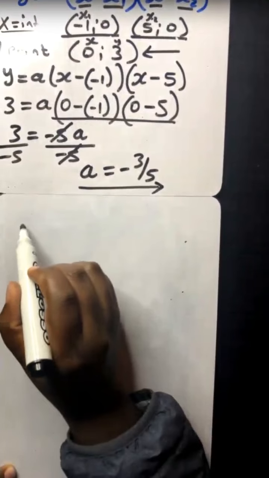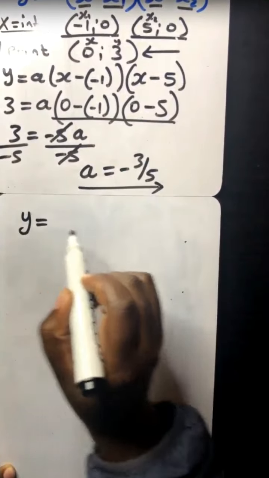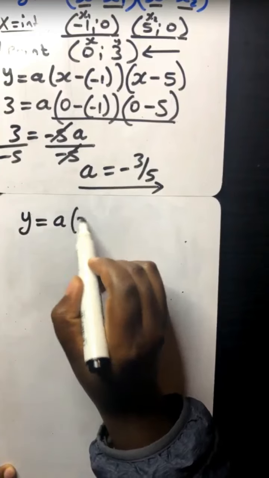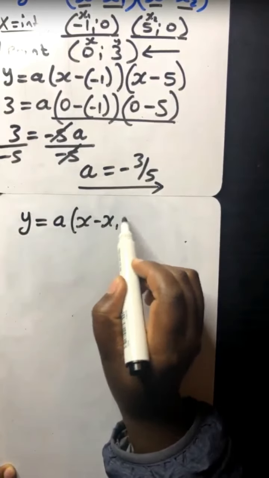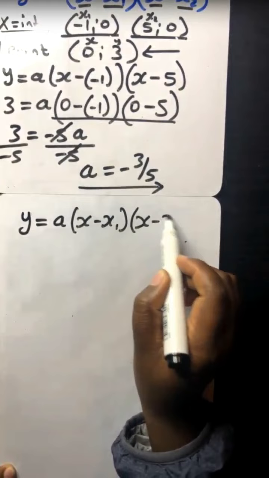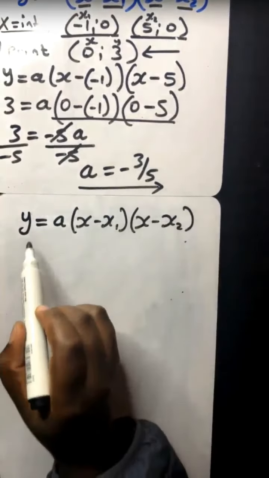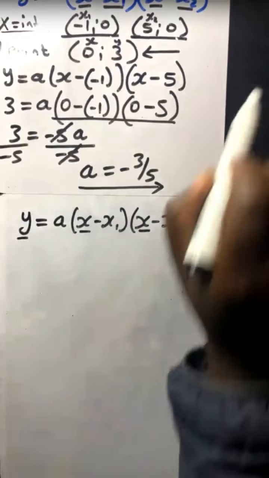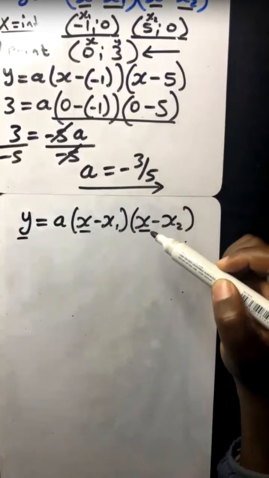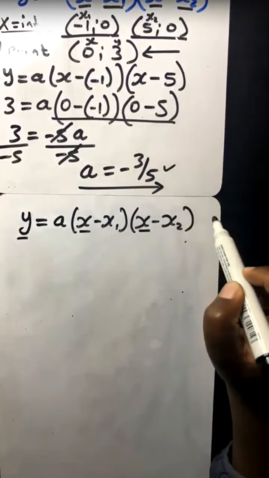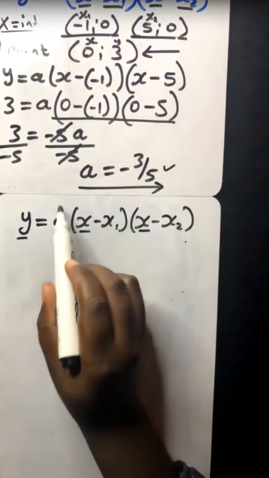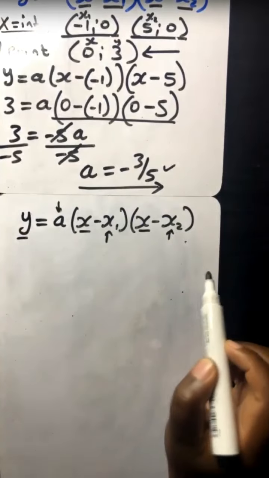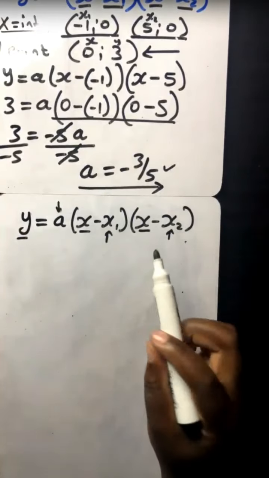Remember, guys, the equation is y is equal to a into x minus x1, close, x minus x2. So y, x, and x, you don't substitute there. This is after you calculated the value of a. So you just substitute your value of a, your x1 and x2, then you solve and write it in the standard form.